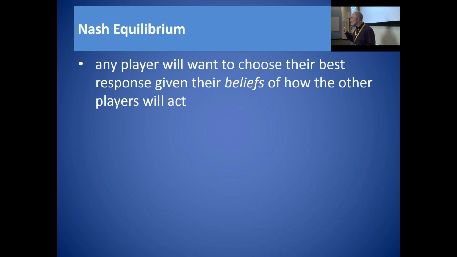But our rational player will want to choose what's best for her, given her beliefs about what the other rational players in the game will also choose. And what's the most plausible belief about other rational players? That they too will also choose a best response.